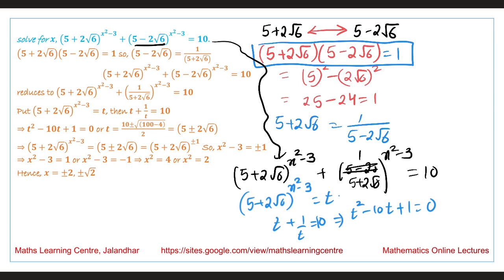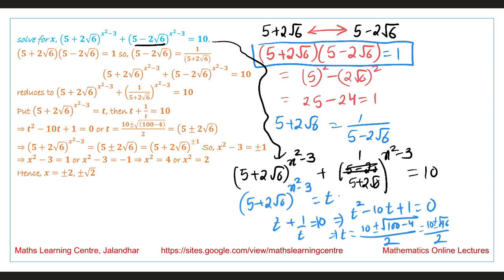On solving this, we will obtain the value of t as minus b plus minus square root of b squared minus 4ac, all divided by 2a. So this is equal to 10 plus minus root 96 by 2.